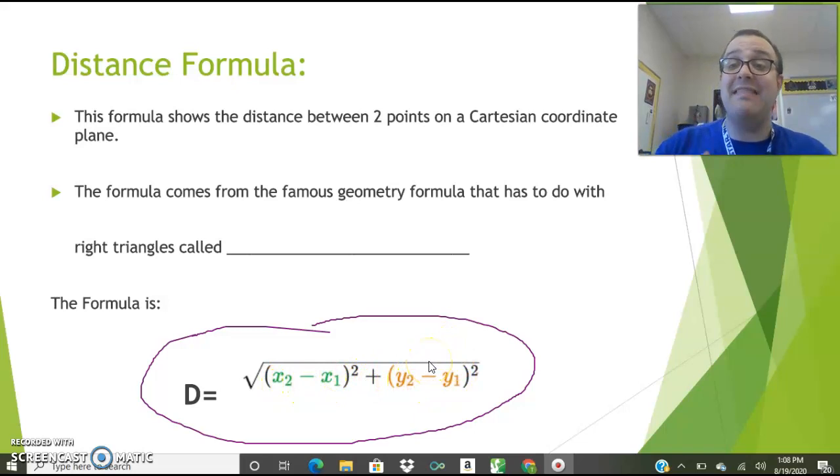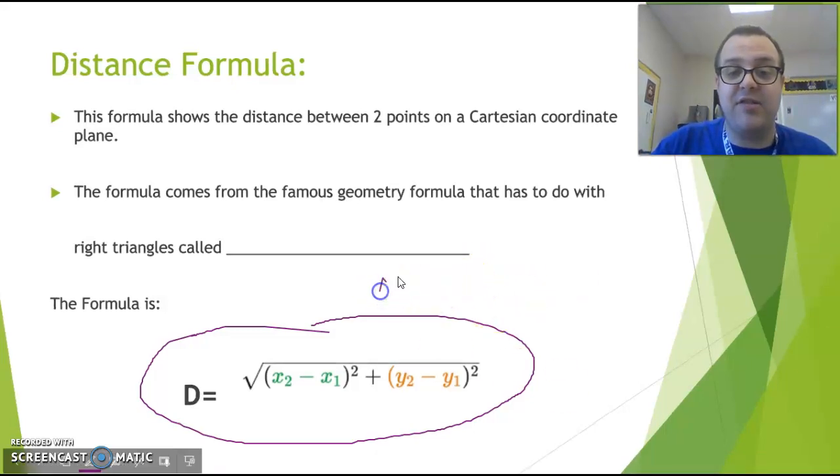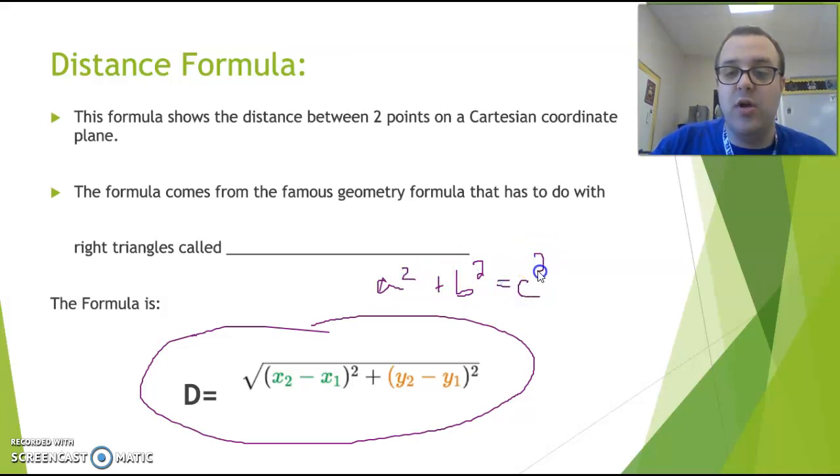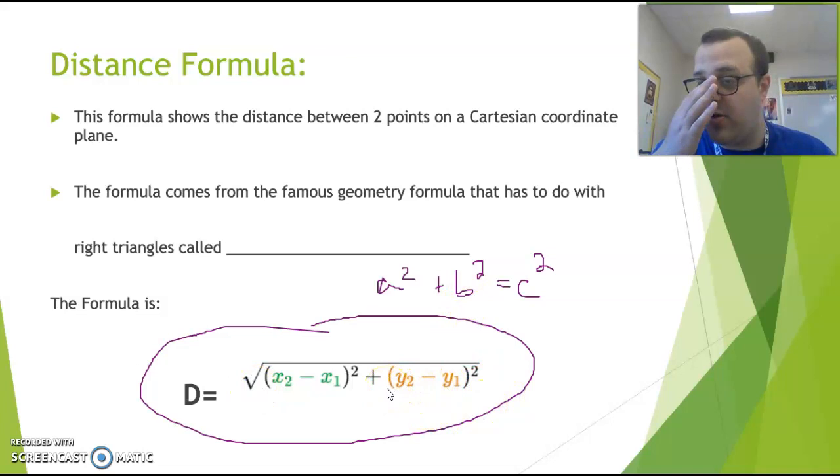Now, looking at that again, the distance formula sounds really complicated, but what it really is, is the Pythagorean theorem. If you remember, the Pythagorean theorem is a squared plus b squared equals c squared. If you think about it, the hypotenuse, or this distance, is really this c. The a is the distance between the x's, and the b is the difference between the y's. You'll see this in a moment when we do the next one.